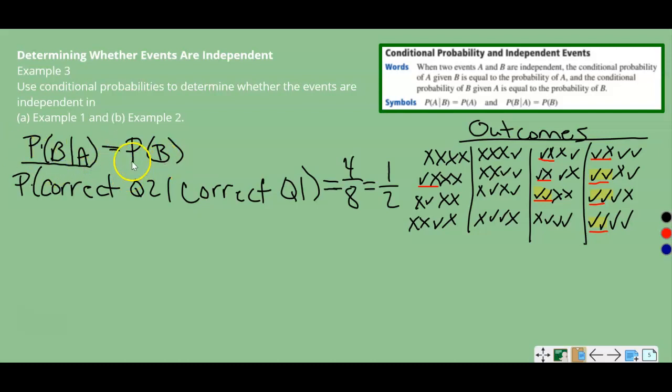Now we need to know, does that equal the probability of B? So what's the probability of B in this case? The probability that question 2 is correct. Let's use a different color here. Question 2 is correct here and here, here and here.